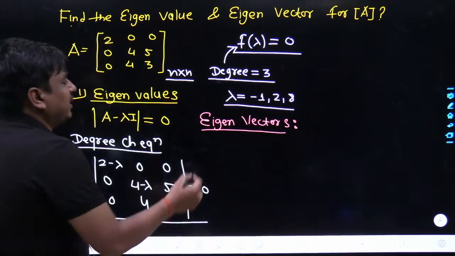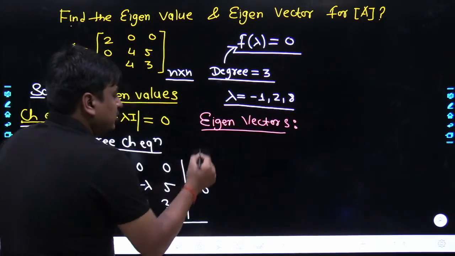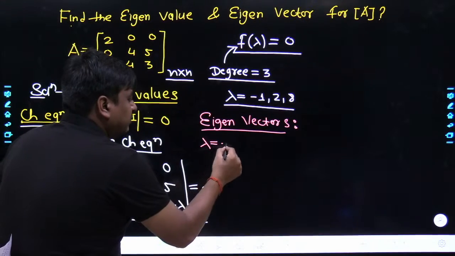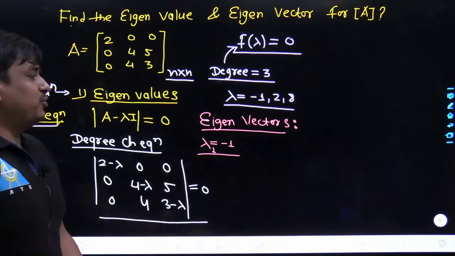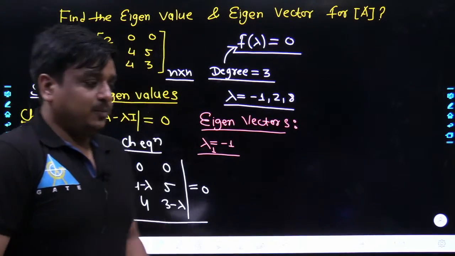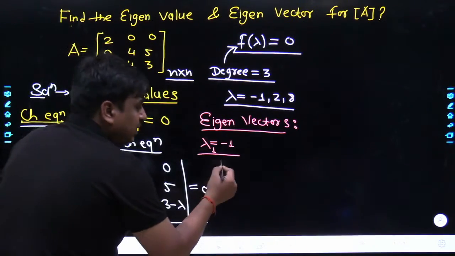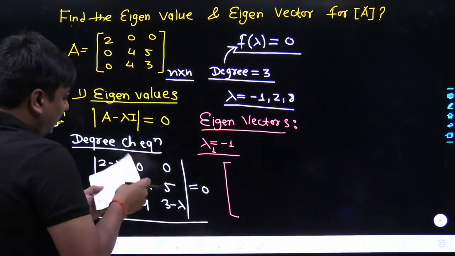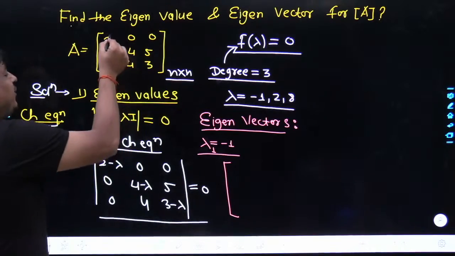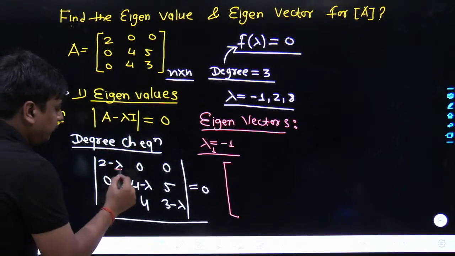How many eigenvalues have you got? 3. Let me take the first eigenvalue, lambda 1, which is equal to -1. Now, what will we do from here? Lambda is equal to -1, so -1 is fed in over here.